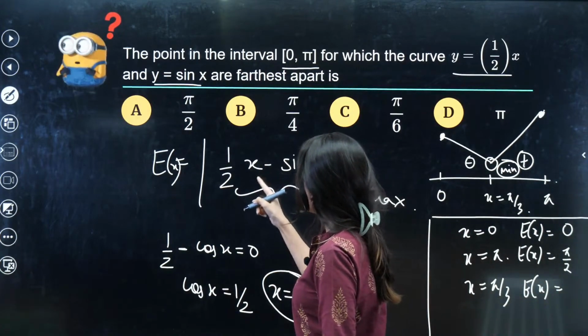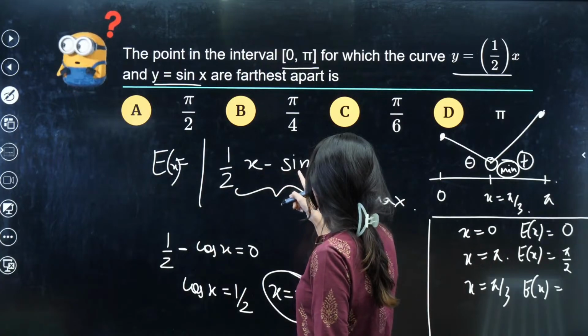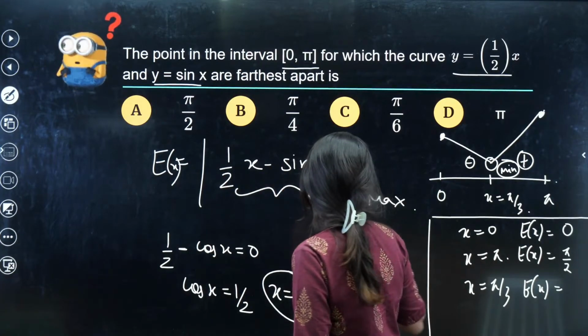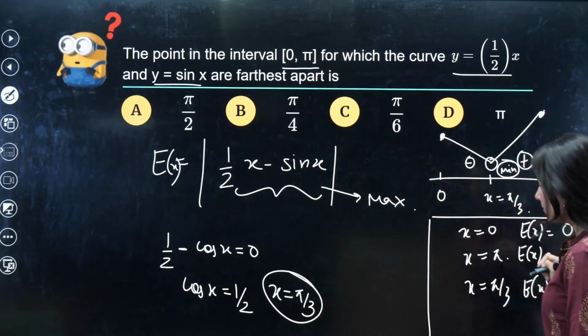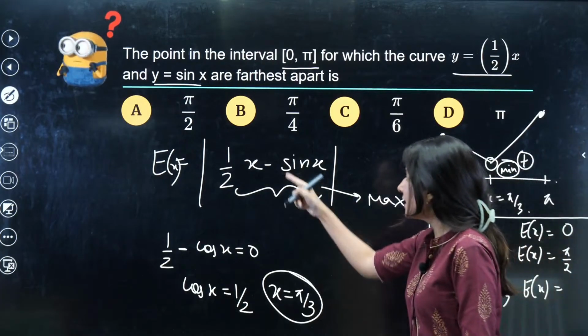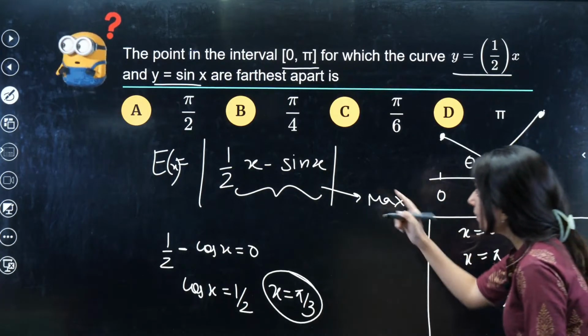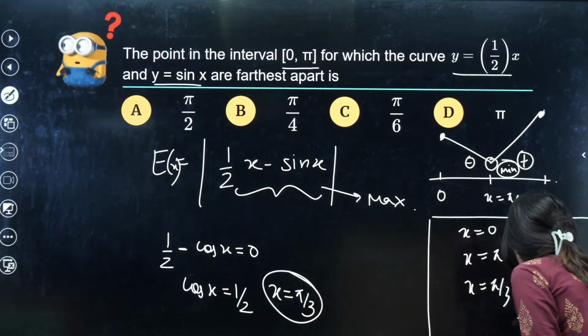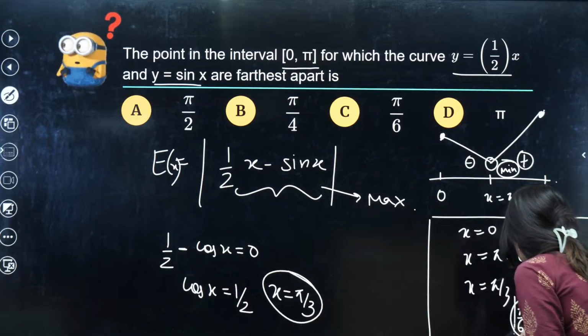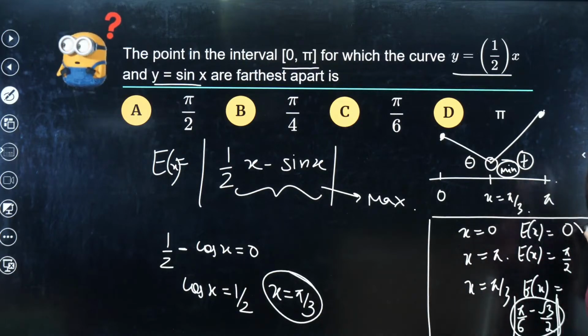So this is pi by 6 minus sin pi by 3, so pi by 6 minus root 3 by 2. Okay, modulus is there.